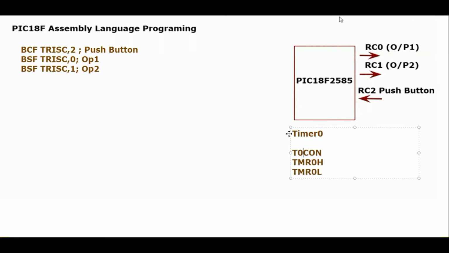What is Timer 0 control? Basically, this is the most important register which tells you how many bits of the timer you are utilizing, what is the status of the clock, whether this timer is going to be enabled on the positive edge or the negative edge of the clock, and whether any pre-scaling concept is being used or not. So all those decisions depend upon the value of Timer 0 control.